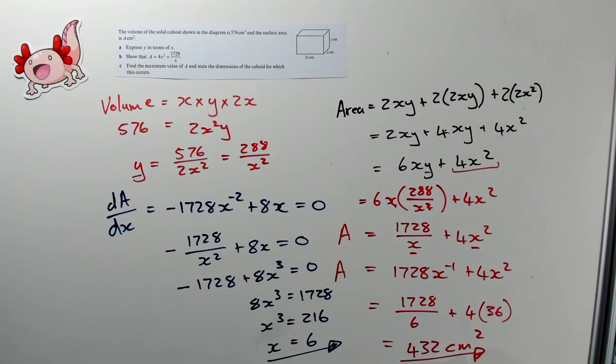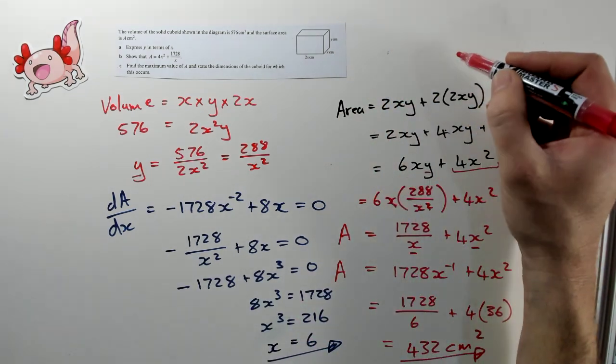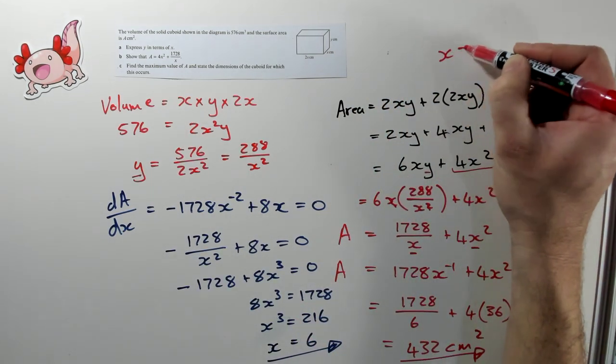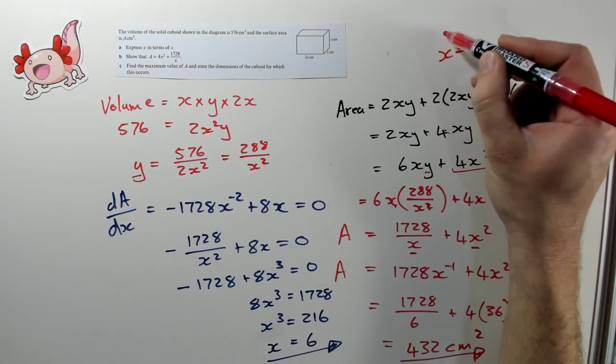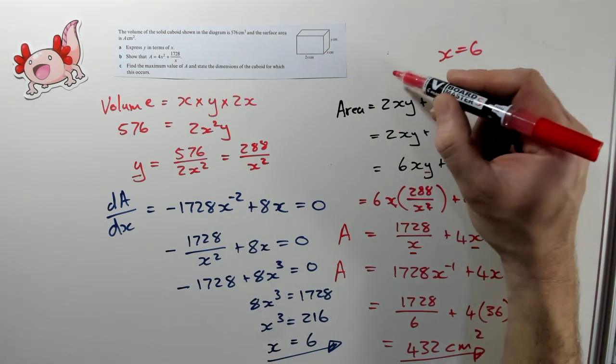And they also state the dimensions of the cuboid for which this occurs. Okay, obviously we know x is 6, so the 2x side is going to be 12.